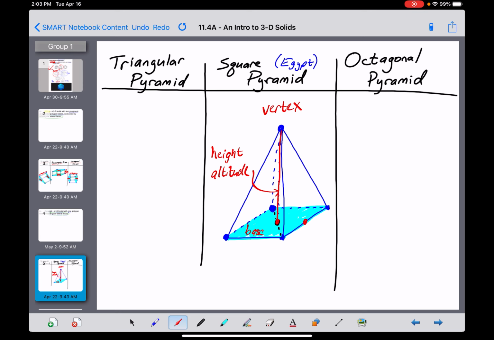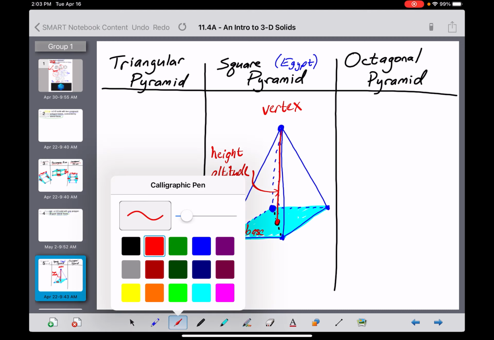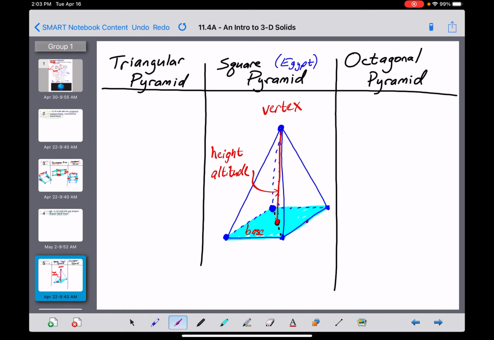If I picked the midpoint of one of the sides here and drew this segment coming down, that, you know what, I shouldn't have done that in red. Let me do that in purple instead. This segment then that goes from here to here, there we go, that is what we call the slant height of a pyramid. And that measurement is going to be important a little bit later on.